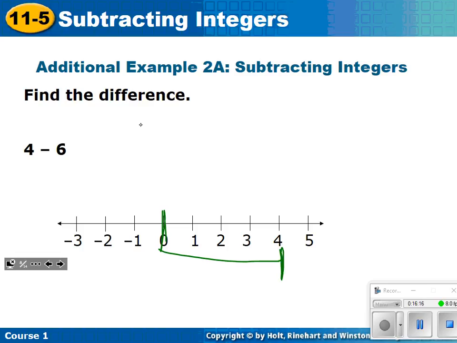When we're subtracting it, we want to move back to the left, so we go back to here. Minus 6, because this is 1, 2, 3, 4, 5, 6. Oh, sorry, I started with 4. 1, 2, 3, 4, 5, 6. So, negative 2. Okay?